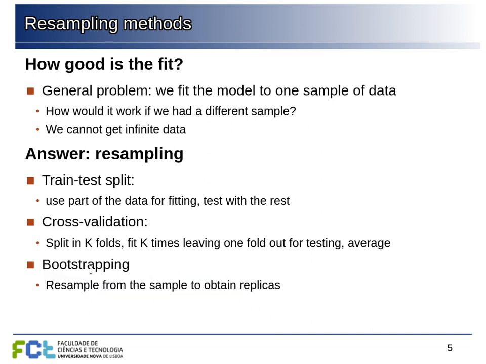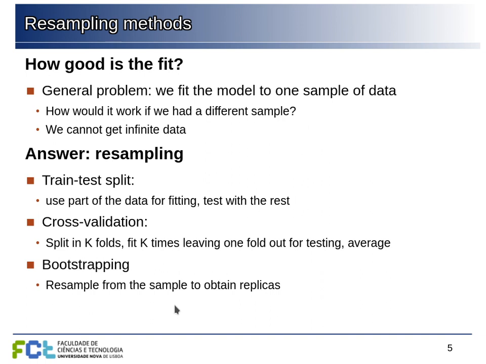But for now, in this lecture, we're going to look at a different resampling method, bootstrapping, that can also be used for this, but it's often used to estimate confidence in the parameters. And bootstrapping involves obtaining new data sets by resampling from the sample we already have, instead of repeating the experiment or obtaining new data from reality.